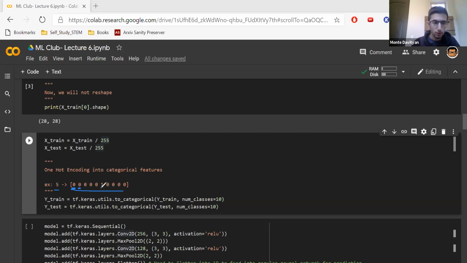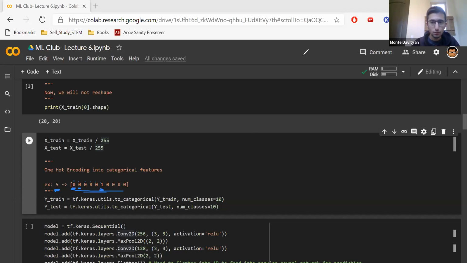And so we can see here, going from the 0th index to first, second, third, fourth, fifth, the 5th index is the number 1, which corresponds to the number 5. So this is a one-hot encoded feature set, where the number 5 is now one-hot encoded, and each index corresponds to the actual value. If there's a 1 in a specific index, then it corresponds to whatever that value is.